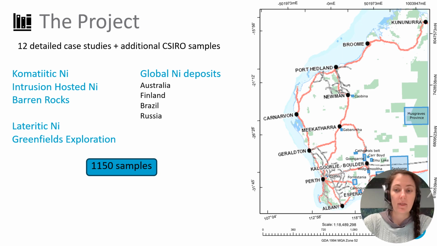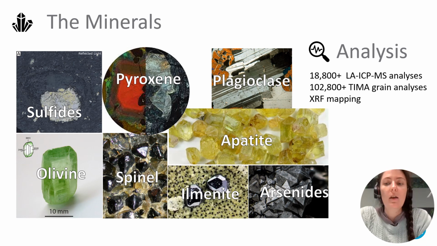We ended up with 1,150 samples to analyze in this project. We looked at many different minerals as potential indicators for magmatic sulfide deposits. I don't have time, obviously, to go through all of them here today, but over the next year, they should all come out as little publications if you keep watching this space.